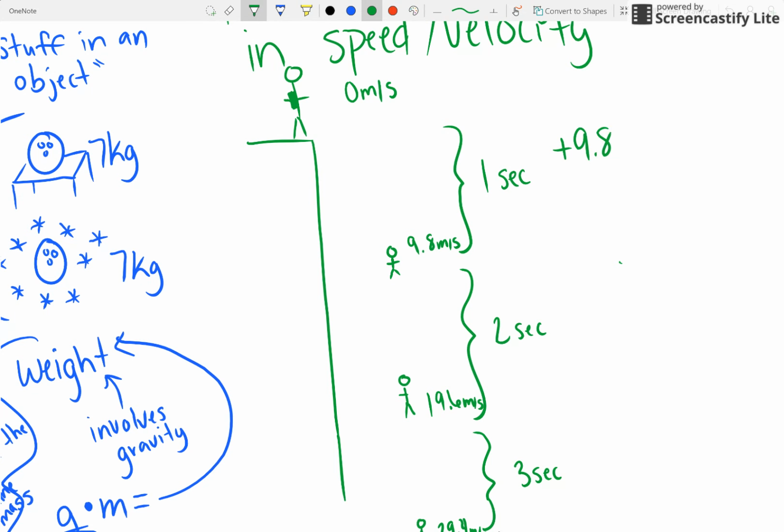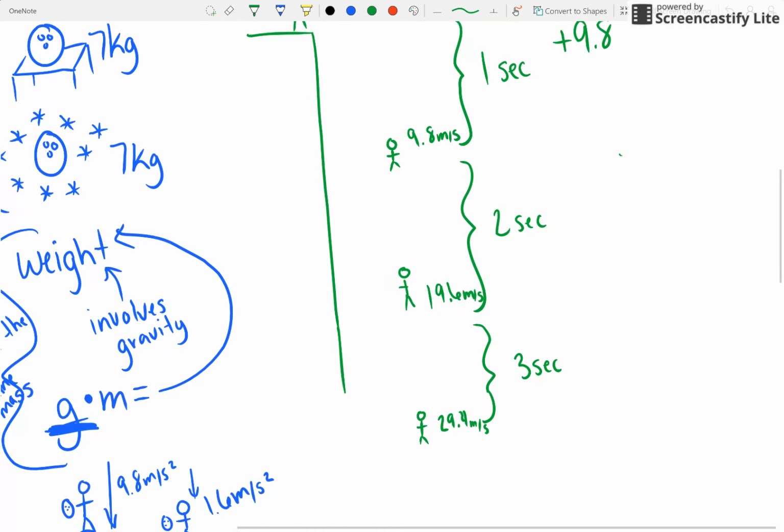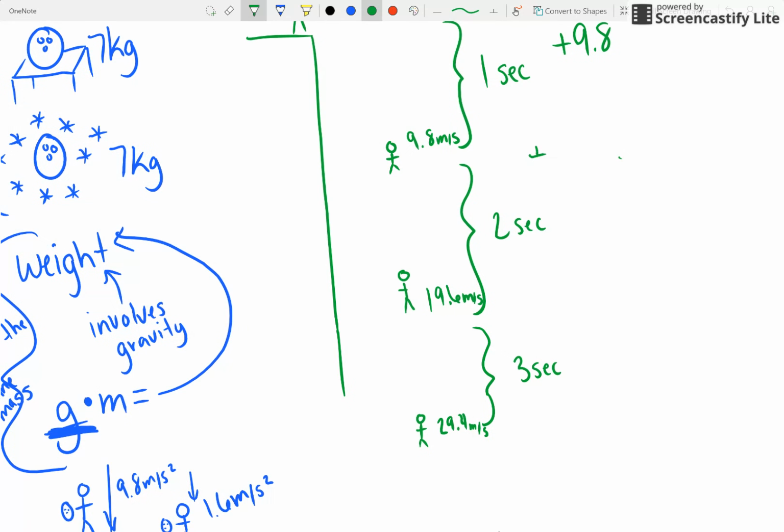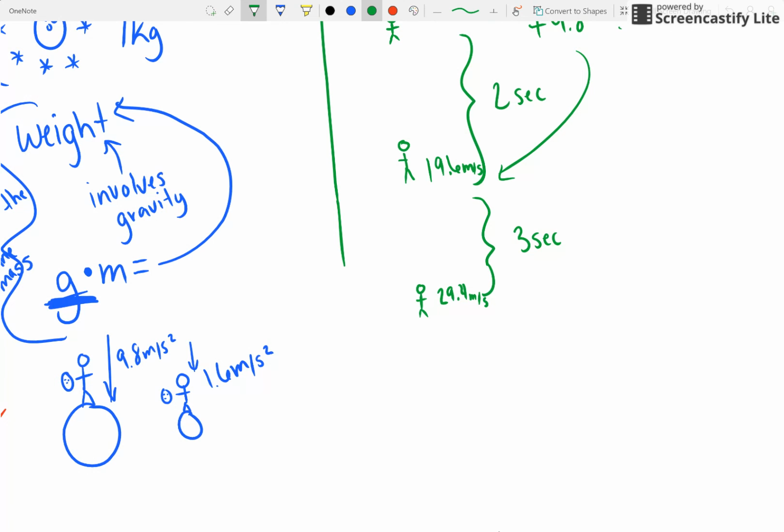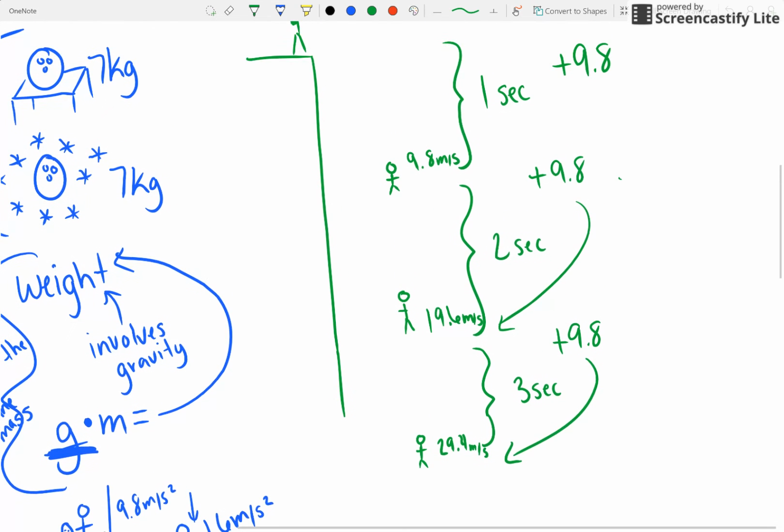So 0 plus 9.8 is 9.8. 9.8 plus 9.8 is 19.6. And 19.6 plus 9.8 is 29.4 meters per second.